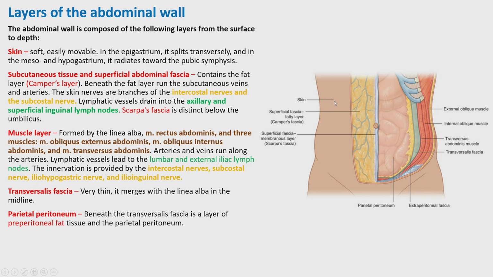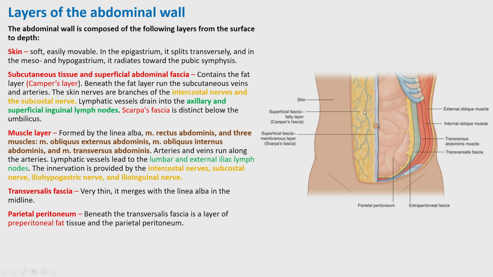This skin in the epigastrium is movable, thanks to the fatty tissue and loose connective tissue in the underlying structure, which is the subcutaneous tissue, and then the superficial abdominal fascia.